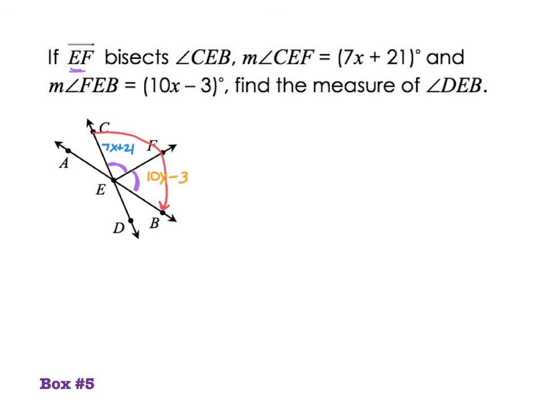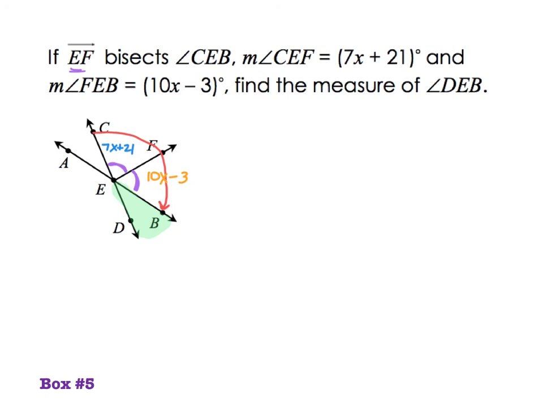And you're thinking, well, that's cool, they gave us all that information, but they're actually asking us to find this measure right here, DEB, and you're like, they don't tell us anything about it. Well, you will see.